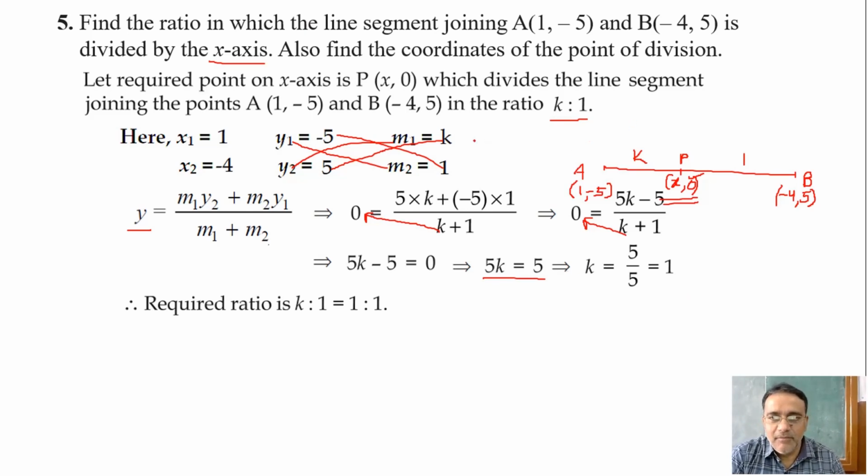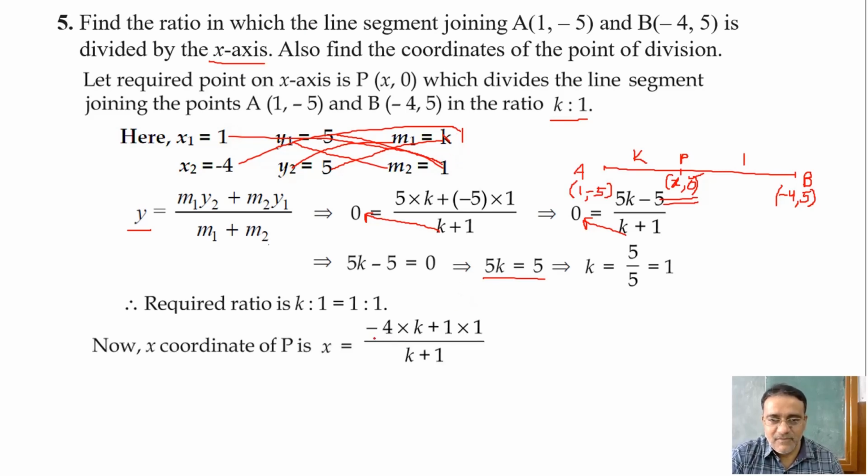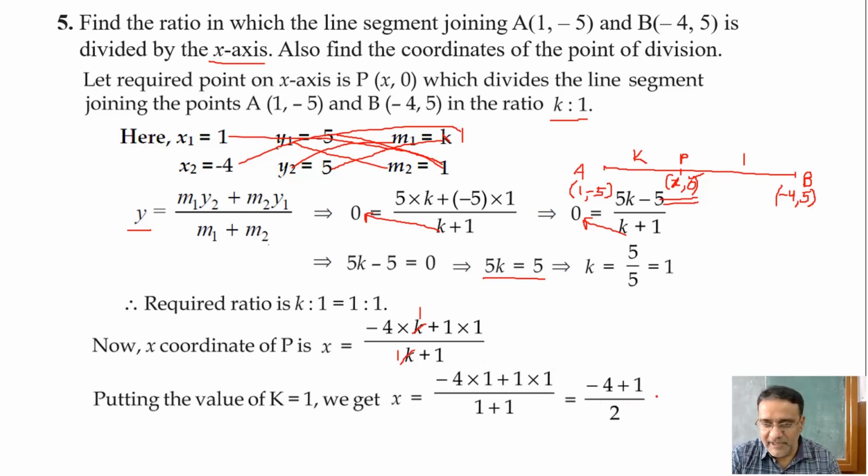So I am replacing k by 1. ध्यान से देखो, सेक्शन फार्मूला यूज कर रहा हूं मैं. -4 into 1 plus 1 into 1 upon 1 plus 1. ओके, सो यहाँ पे रिप्लेस करना है 1, यहाँ पे 1 और यहाँ पे 1. सो क्या हो जाएगा -4 + 1/2, right? So -3/2. Hence the required point is (-3/2, 0).